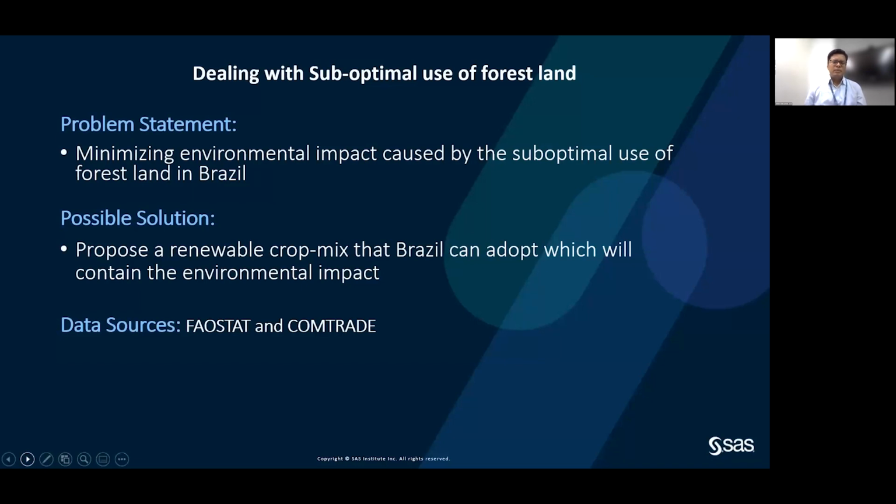And then what we tried to do as a solution is to propose a crop mix. You can think of it as a mix optimization problem, where you can select this percentage of land I'm going to use for, let's say, rainforest harvesting. This percent of land I'm going to use for growing the crops, particularly the soybean or Brazil nuts specifically.